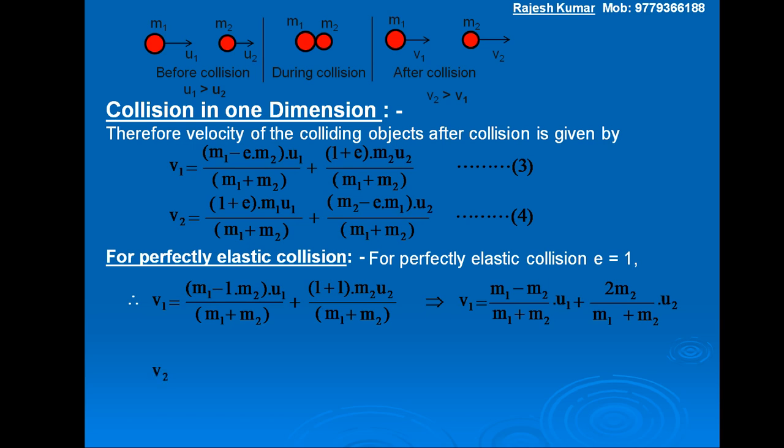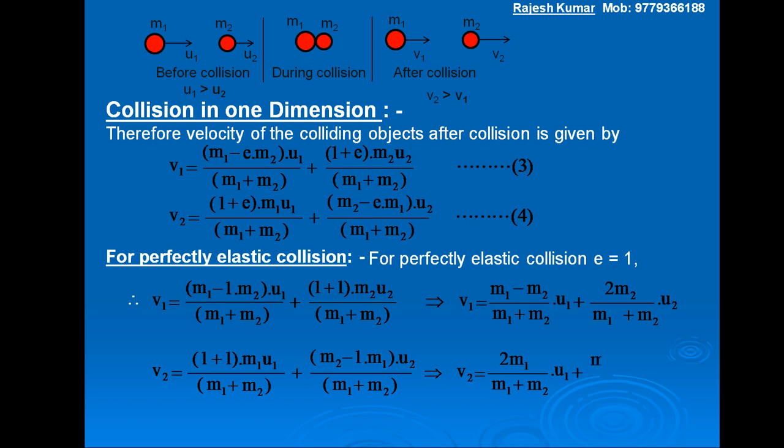And V2 is equal to (1 + 1) M1 U1 upon (M1 + M2) plus (M2 − 1) M1 U2 upon (M1 + M2). Here 1 plus 1 becomes 2, so V2 equals 2 M1 upon (M1 + M2) into U1 plus (M2 − M1) upon (M1 + M2) into U2.